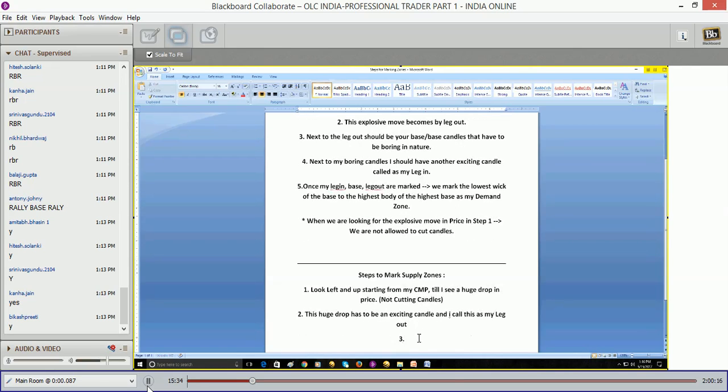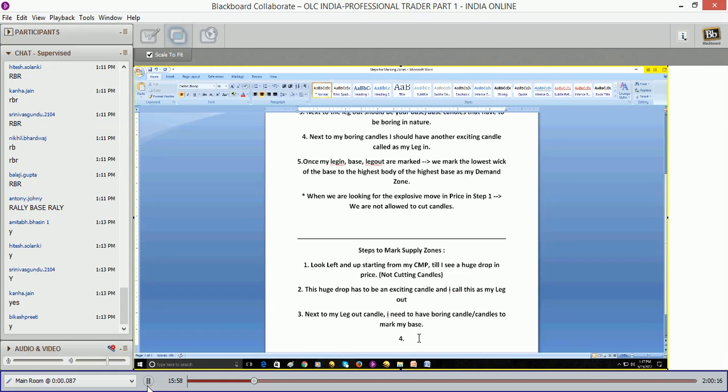Step number 3. Next to my leg out candle, I need to have a boring candle or candles to mark my base.